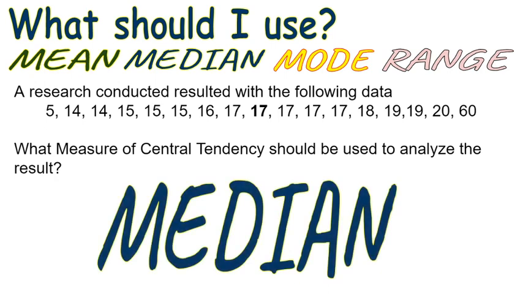Just like what I mentioned earlier, there are extreme values here, the 5 and 60, and to make sure that when you figure out the center of your data, the extreme scores will not really affect the information that you're looking for, you will be using the median because it has extreme scores. It's also a little bit skewed, so that's why you will be using median here.